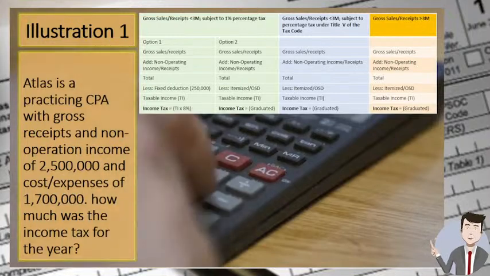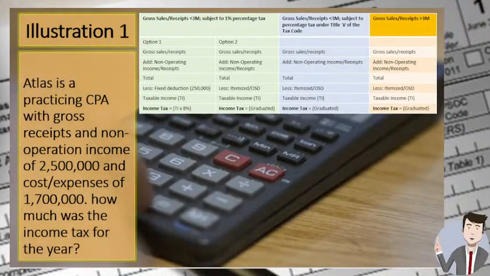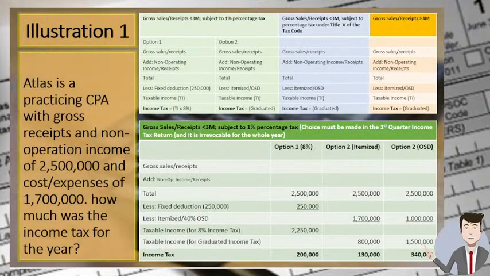So the question is, how much was the income tax for the year of Atlas? Okay, so these are the options available for Atlas. Since Atlas did not reach the VAT threshold, he only has 2,500,000 in gross sales.